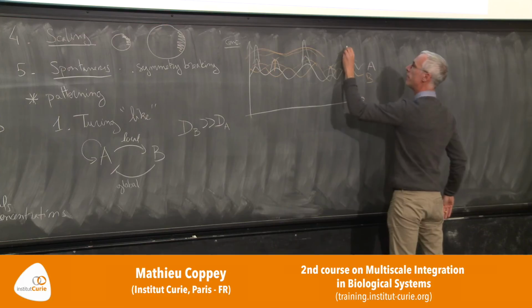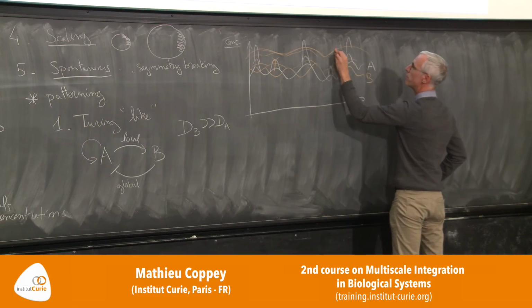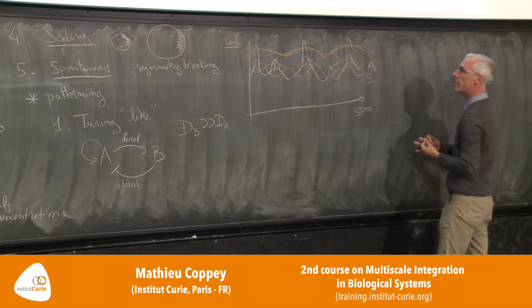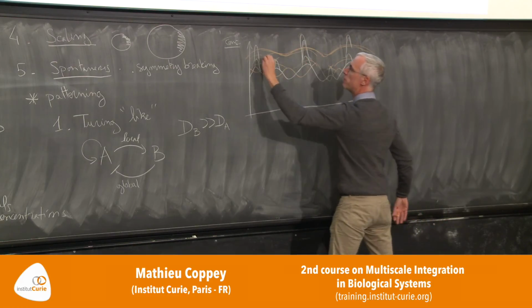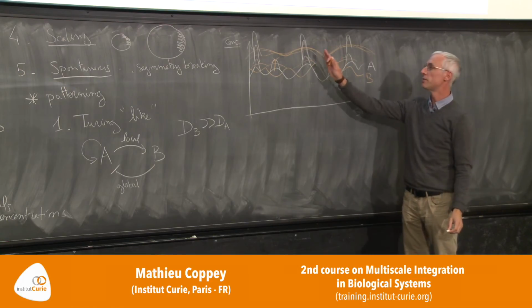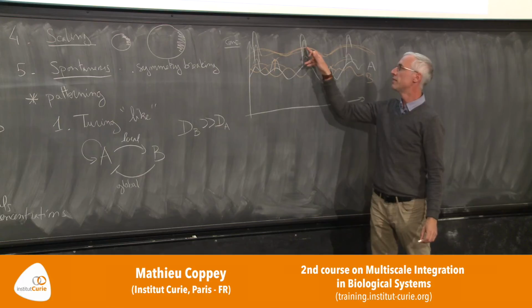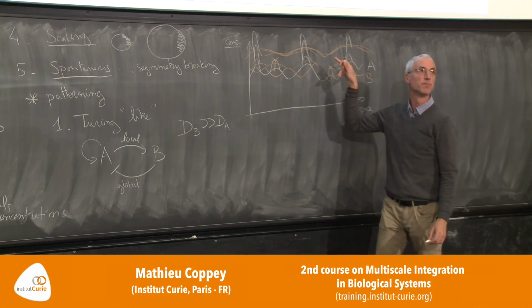And here, this peak will emerge and will go along the long range of the B molecule. And at the end, only the peaks at a very specific wavelength will emerge. And the final pattern that you get is stripes in space that are set by this self-activation of A and the lateral inhibition due to the B molecule that diffuses away.